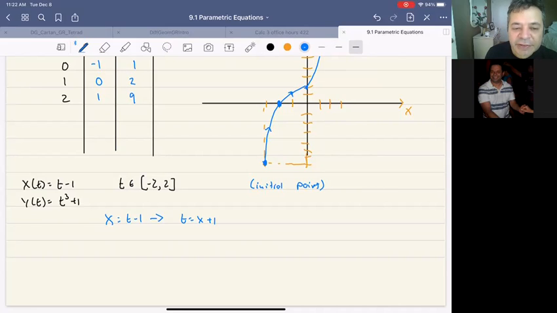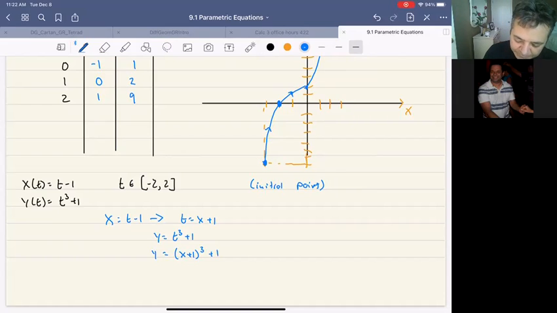So now I'm going to plug that in to y equals t cubed plus 1. T is x plus 1, so y equals (x plus 1) cubed plus 1.